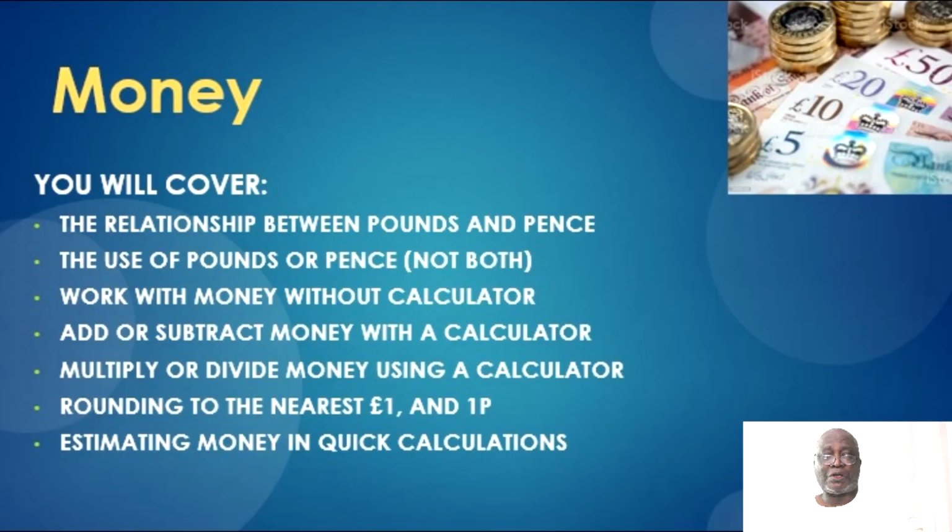You will work with money without a calculator, and with a calculator. You will add or subtract, multiply or divide money, round to the nearest pound and pence, and finally estimate money in quick calculations.